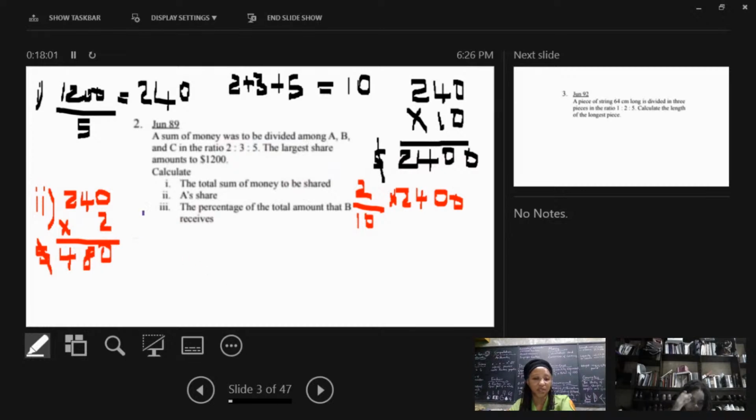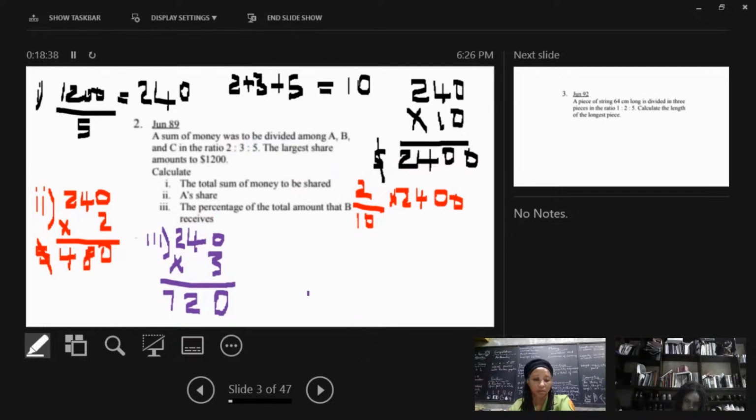The percentage of the total amount that B receives. B receives 3. So we have to find how much 3 is by multiplying it by 240. So 240 multiplied by 3, which is 720.